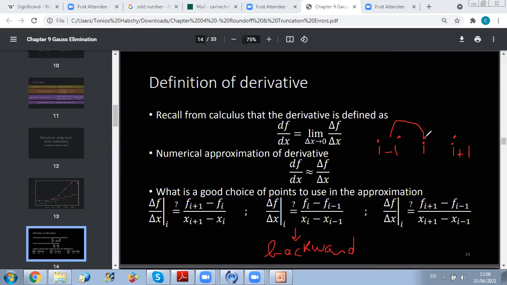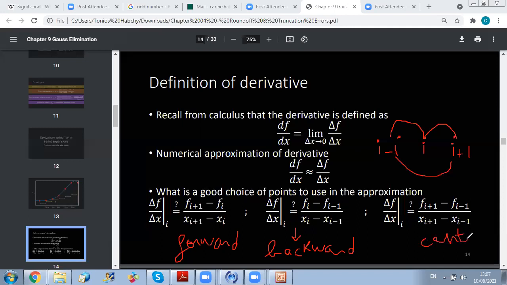Now, if I take i with i plus 1, the expression will be f i plus 1 minus f i over x i plus 1 minus x i. This will be the forward scheme. Finally, if I take the point before and the point after, it will be f i plus 1 minus f i minus 1 over x i plus 1 minus x i minus 1. This is the centered scheme.